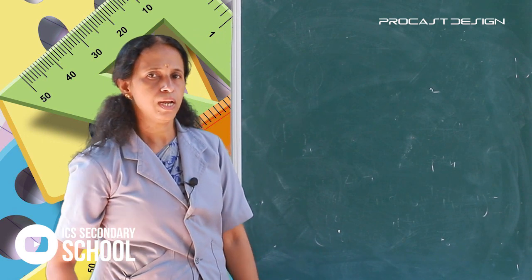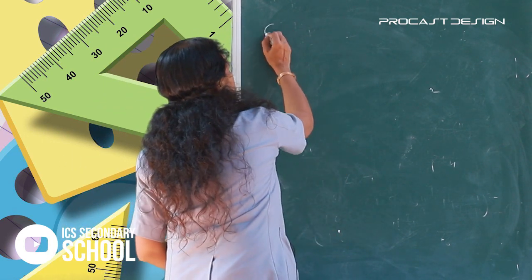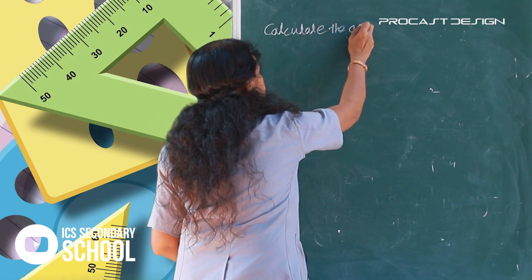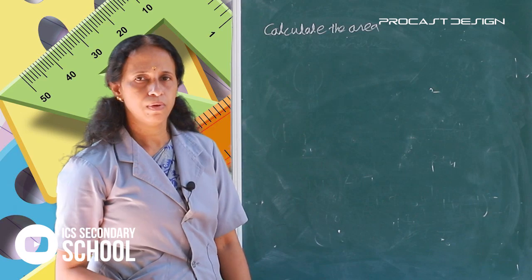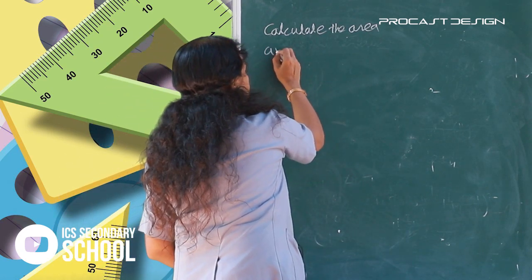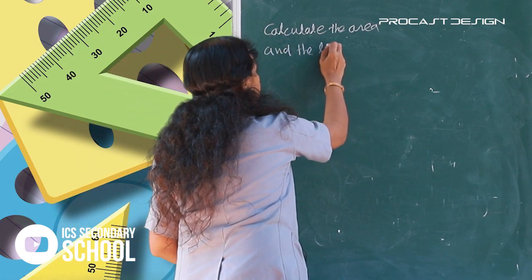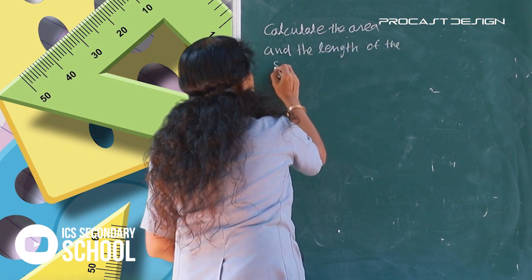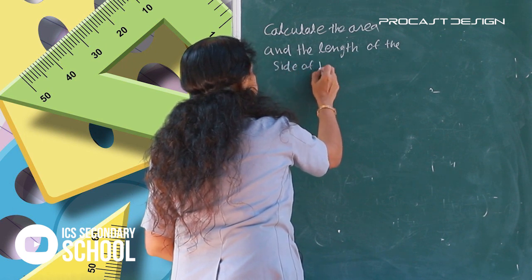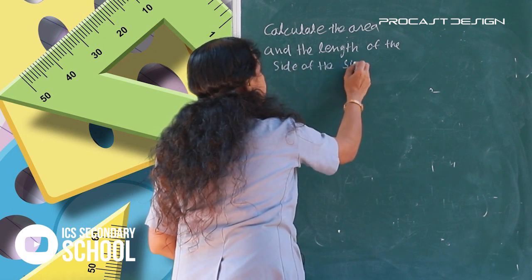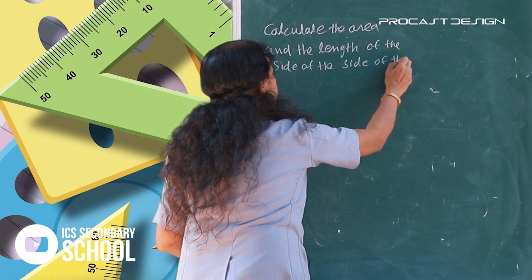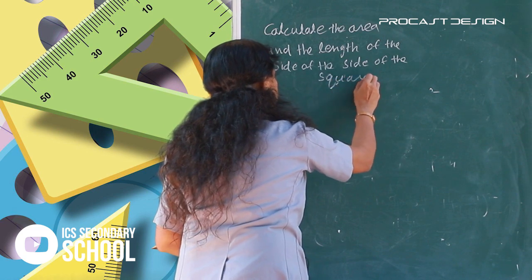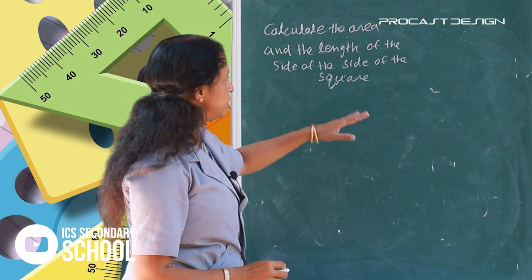Next, write the first question. Calculate the area and the length of the side of the square.